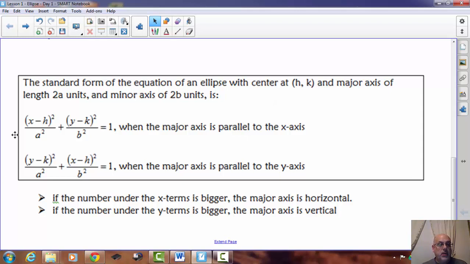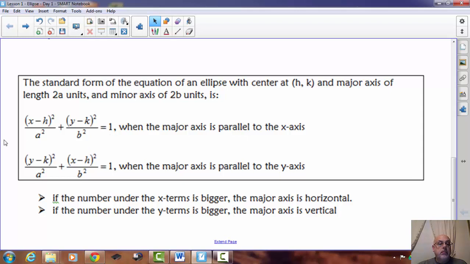So if we look here at the equation, x minus h squared and y minus k squared, that's the same that we looked at with a circle, so that's similar, but they're fractions now, and it's always equal to 1. The equation of an ellipse is always equal to 1.